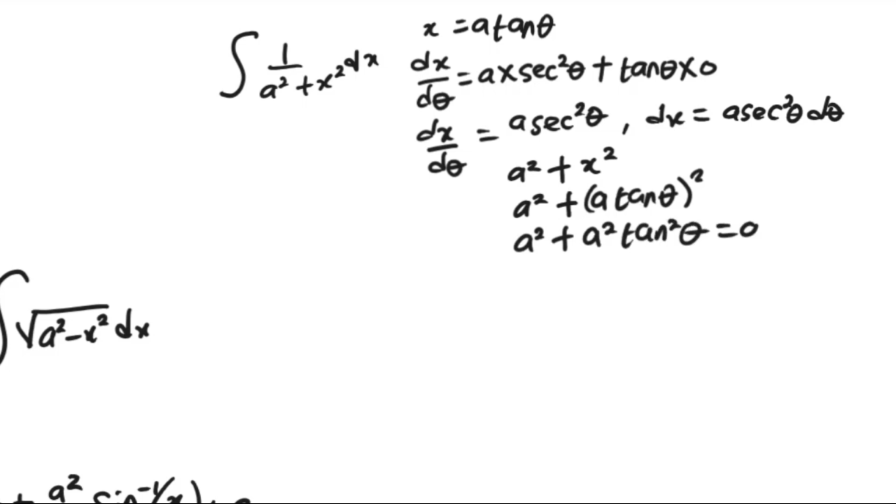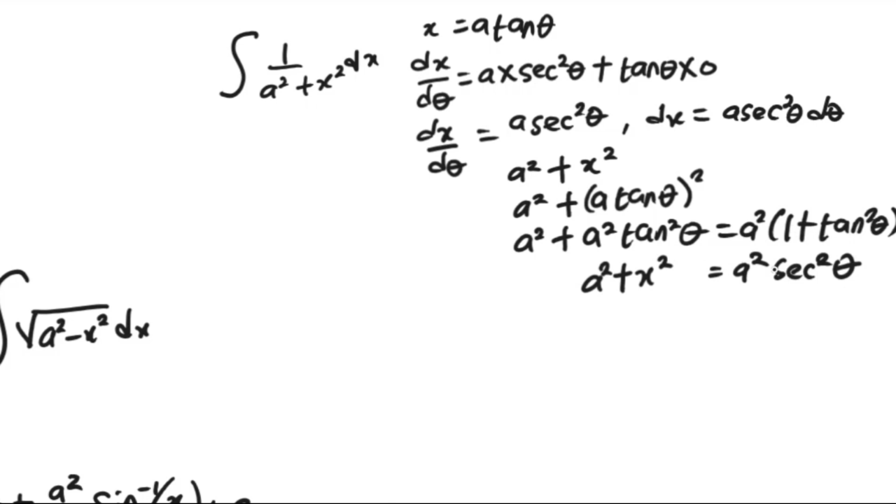If you factorize a square out, you'll be left with 1 plus tan square theta. And don't forget, 1 plus tan square theta is the same thing as sec square theta. So a square plus x square is actually going to give us a square sec square theta. Okay, so now let's come back to what we're solving.